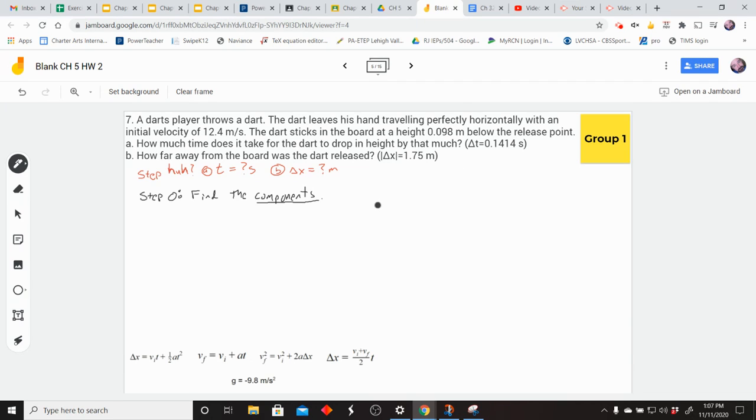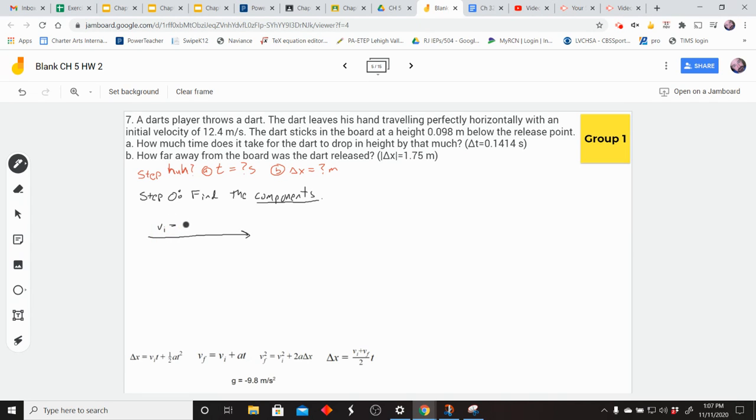So let's look at this in this situation. How is this dart moving initially at the start of this problem? The dart leaves his hand traveling perfectly horizontally with an initial velocity of 12.4 meters per second. So that means at the start of this problem, V initial is perfectly horizontal.